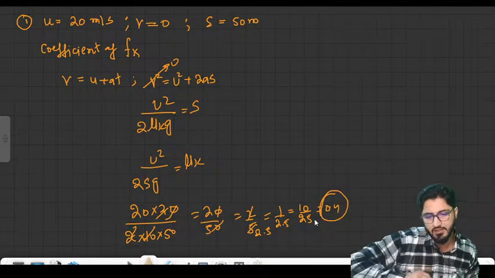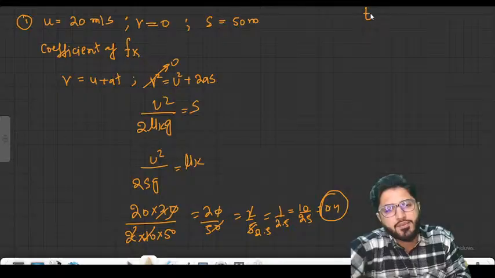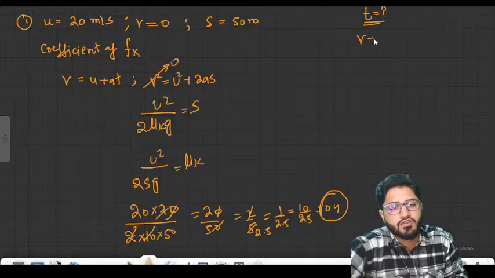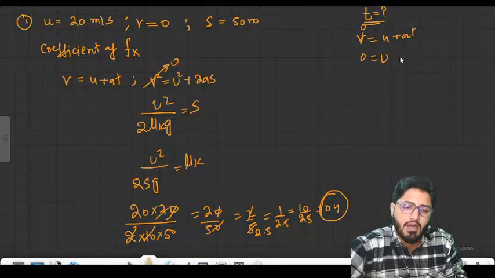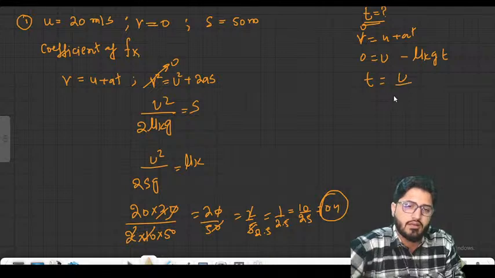Done? If somebody asks you after how many seconds your body will come to rest, v equals u plus at. V is 0. 0 equals u minus μk times g into t. So t equals u divided by μk g. U is 20, μk is 0.4 into 10.